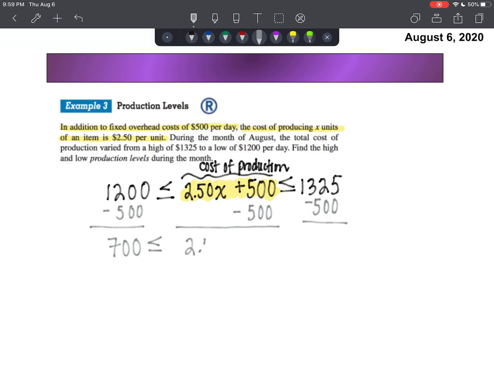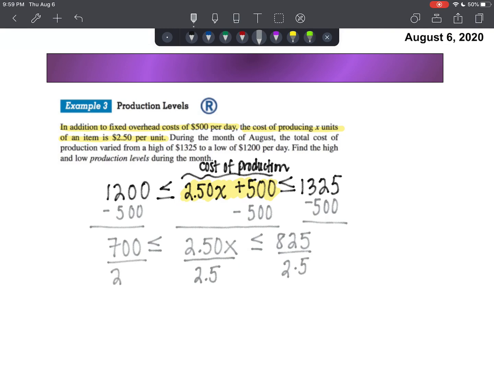And then we'll have 2.50x is less than or equal to 825. Let me just make sure I did my math correctly. 700, 825, very good. Now we're going to divide by 2.50 or 2.5.